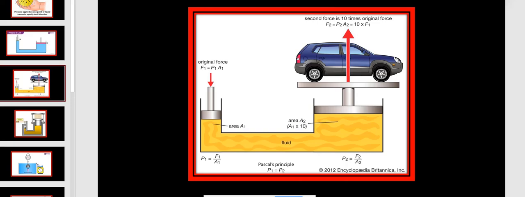In that fluid, we use water, and the pressure exerted by us is transmitted. According to Pascal's law, in this fluid, pressure exerted on the first side is transmitted equally in all directions.